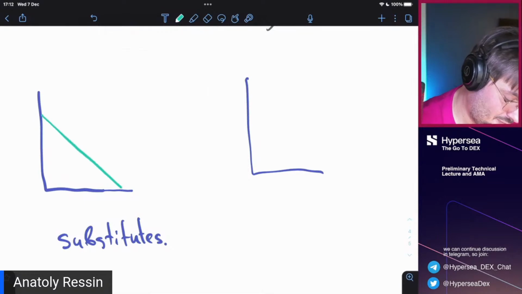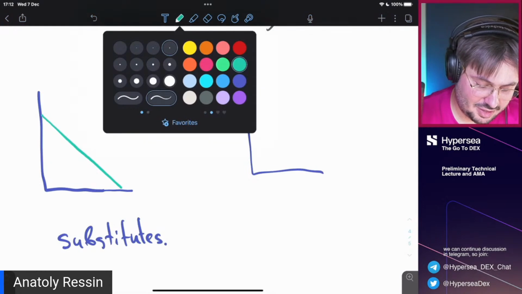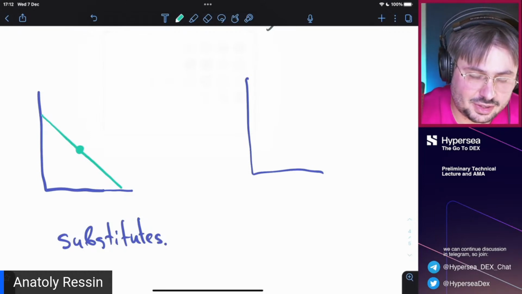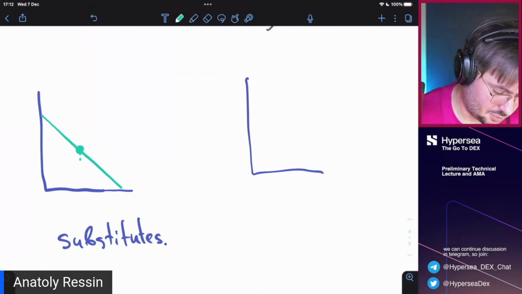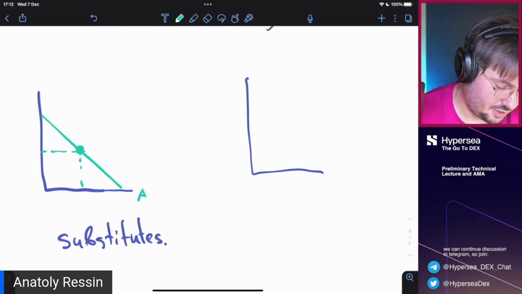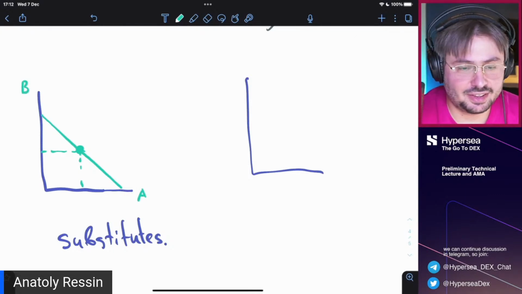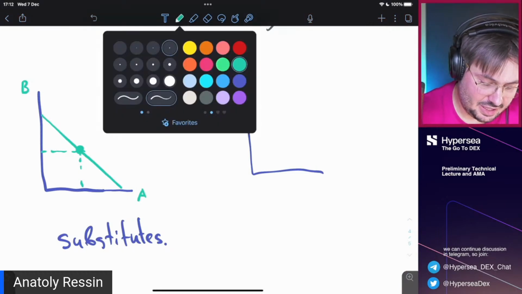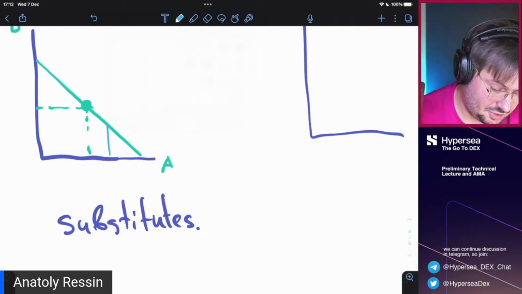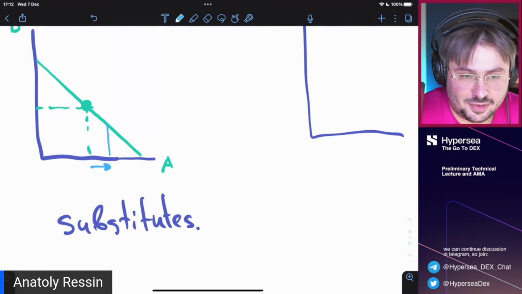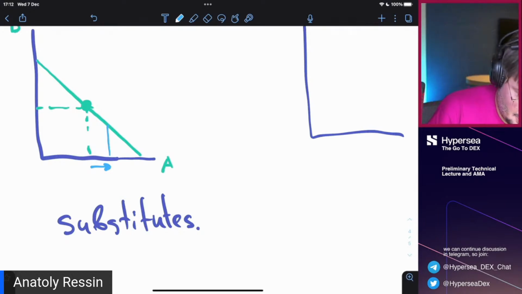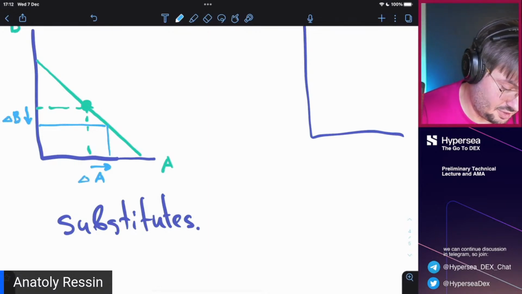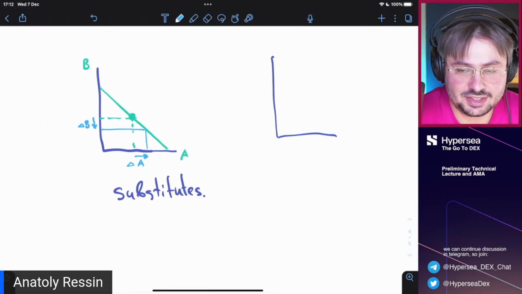It means that if we are here, for example, with this amount of A and this amount of B, and they are absolutely substitutable, then if you are trying to exchange it with this amount of A, you absolutely agree to receive the corresponding amount of B. So this is delta A and delta B, and you can see that these two deltas are equal.